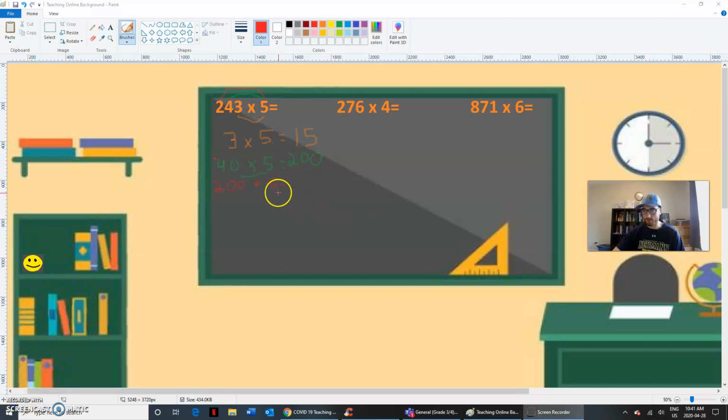So we've got 5 times 0 ones, and that's going to be 0 in the ones, because 0 times anything is 0. 5 times 0 tens is 0. And finally, 5 times 2 hundreds, and that's going to give us 5 times 2 is 10, or this will be 1,000.